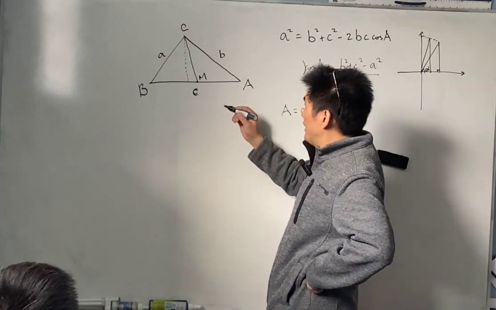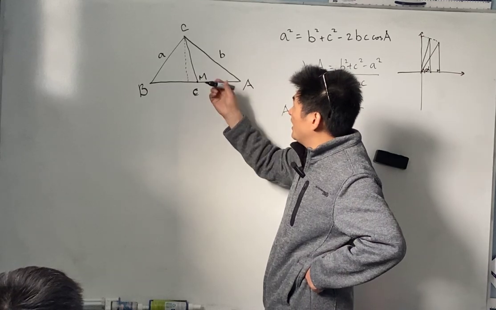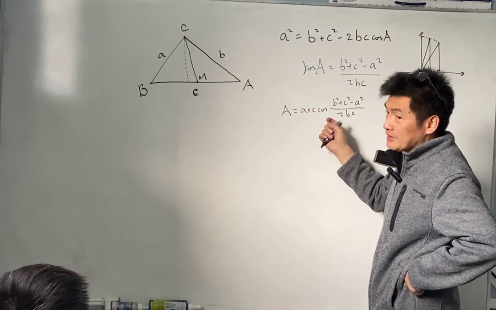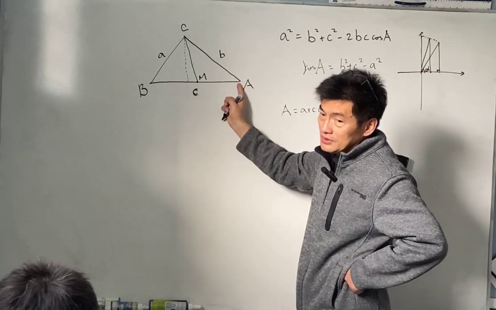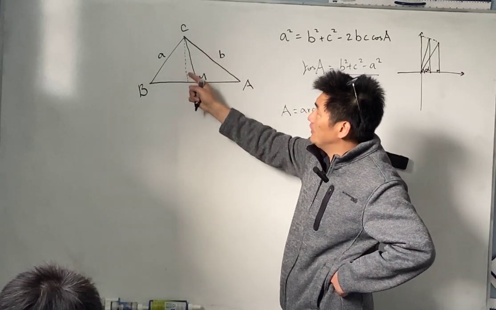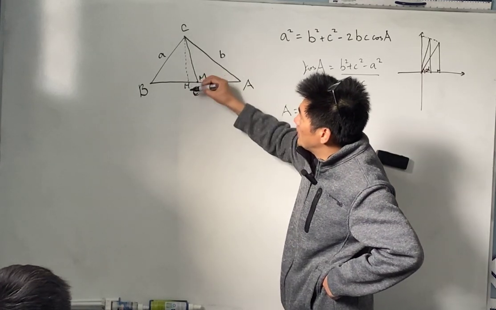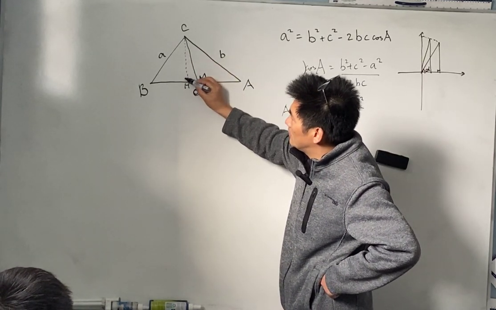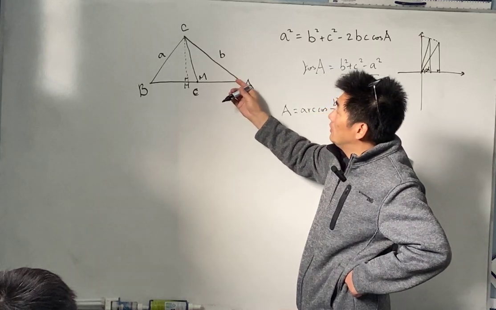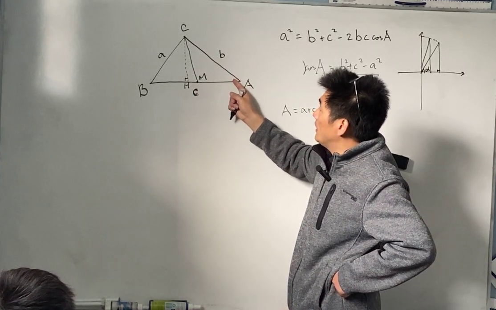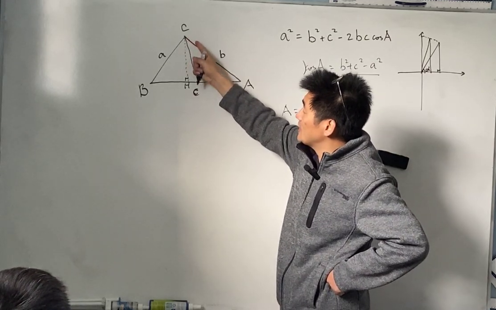So if we just do it that way, like Zypher just said, because we know what B is, and we should know what that angle is. And the height here, let's say CH, that's the altitude, would be B times sine A. That would give us CH.